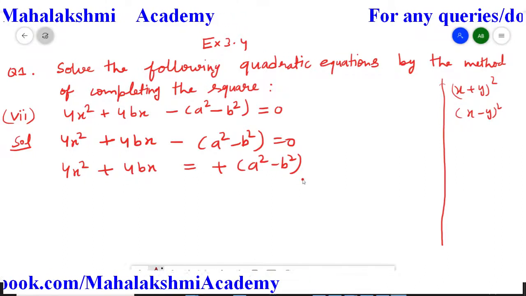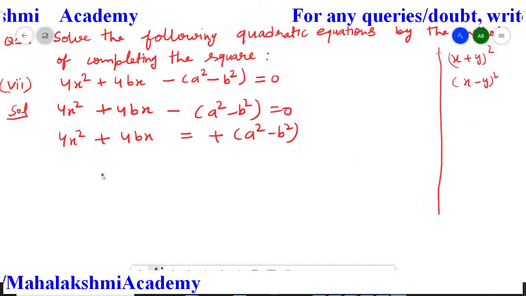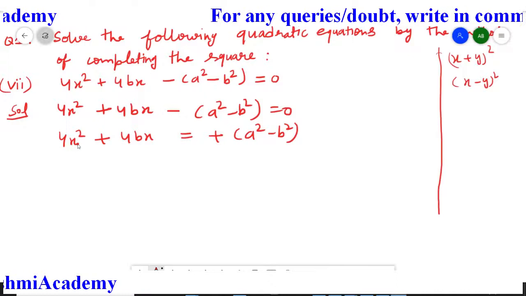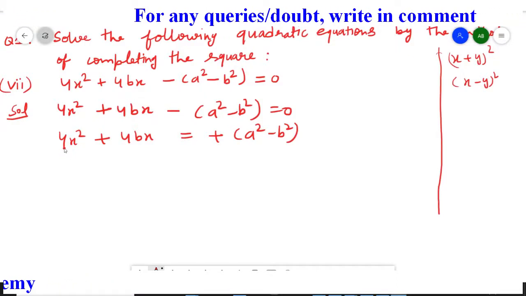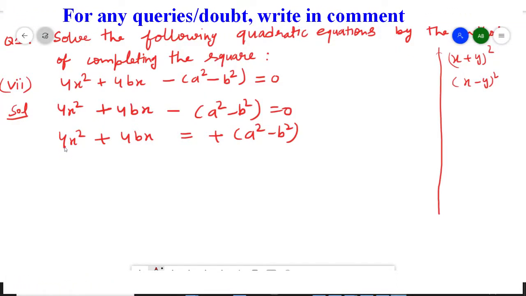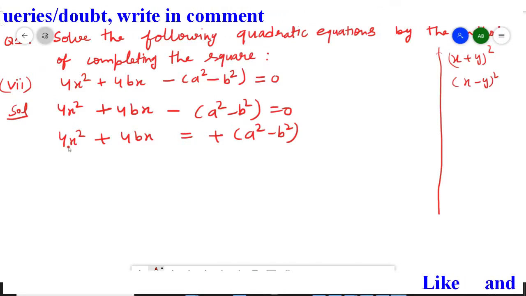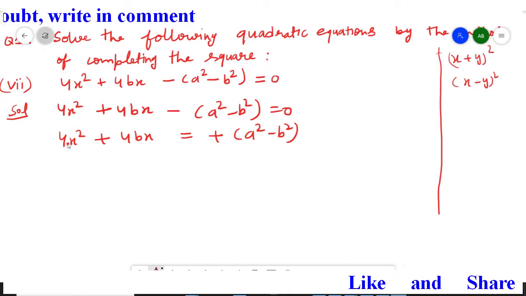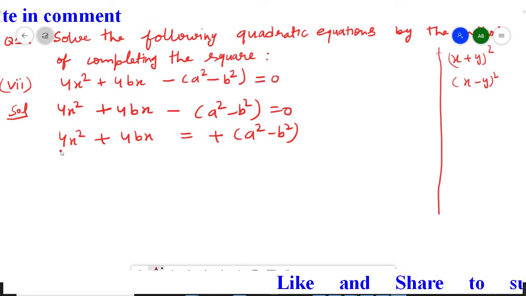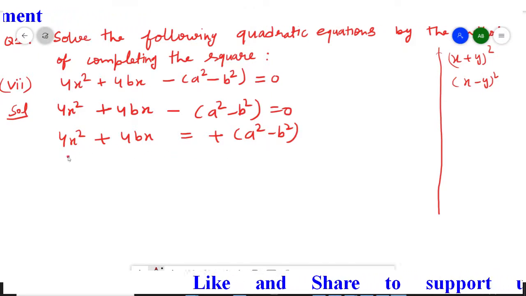So this is our first step, and in the second step we have to make the coefficient of x square 1. Since here the coefficient is 4 and 4 is in multiplication, and we have to remove it, and multiplication's opposite is division, that's why we are going to divide the complete equation by 4.